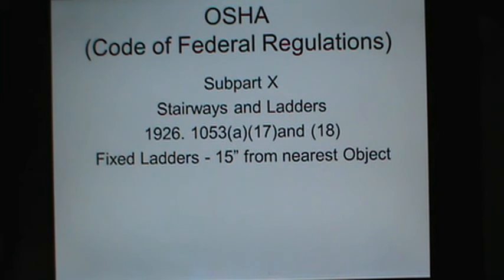Let's go to fixed ladders. We're going to be in 1926.1053(a)(17) and (a)(18). We're talking about fixed ladders without cages or wells. This whole next several paragraphs, probably a dozen or so, is all about your fixed ladders and the cages and wells around them. A fixed ladder without a cage or a well has to have a clear width to the nearest permanent object of at least 15 inches.